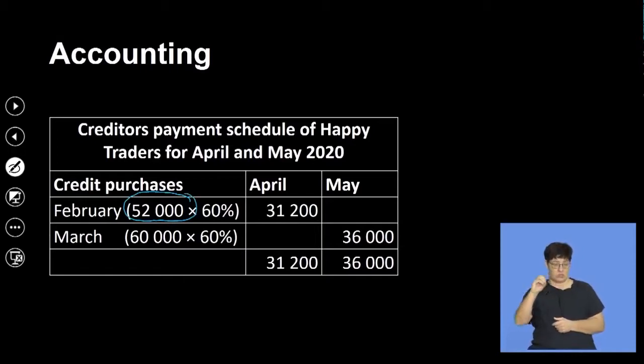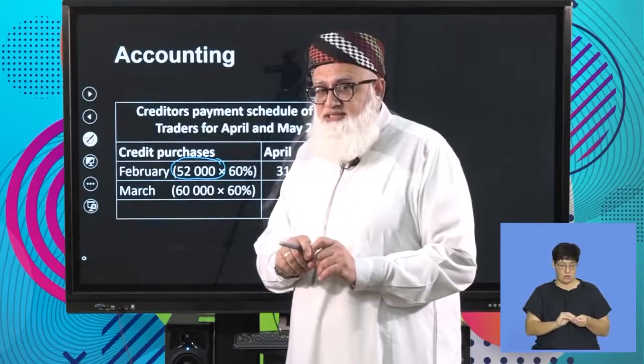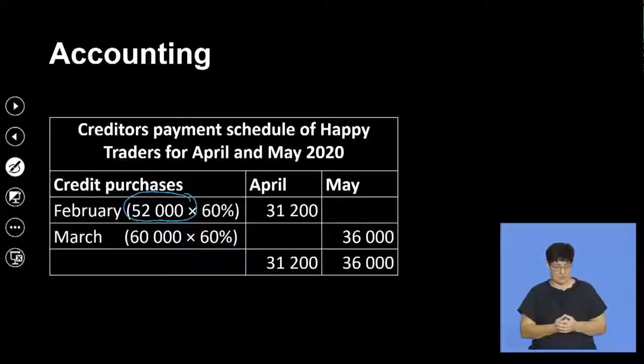Remember, the credit purchases figure you want. In this case here, we're looking at the 52,000 Rand as the total figure of our purchases, right? But 60% of it is on credit, so you'll take 60% of the 52,000, right?